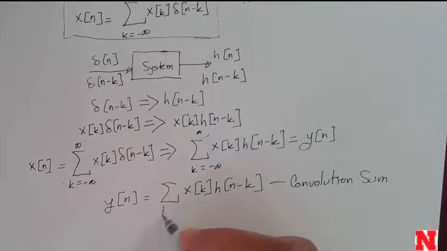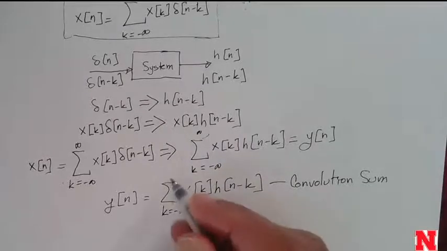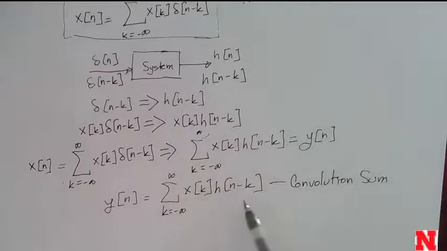Unfortunately, in practice, what you'll find is that evaluating the convolution sum is a pain, and it's a pain that you will be subjected to for a little bit anyway, at least until the first test. And the reason for that is that you need to get a feel for the system.